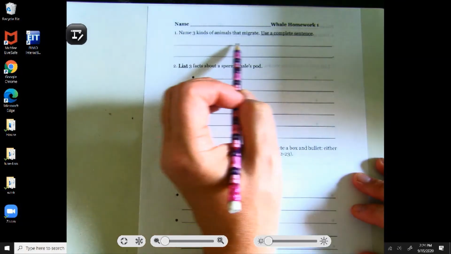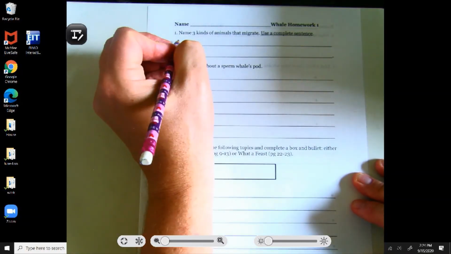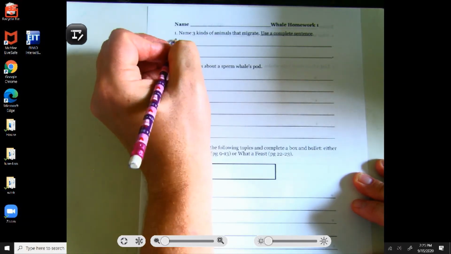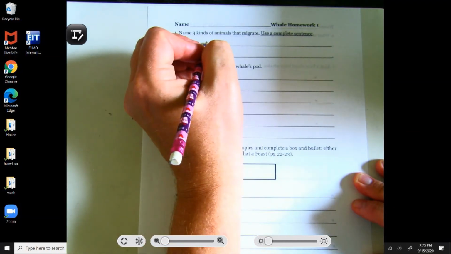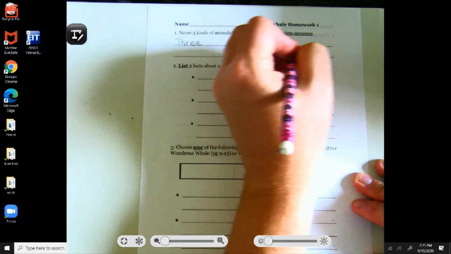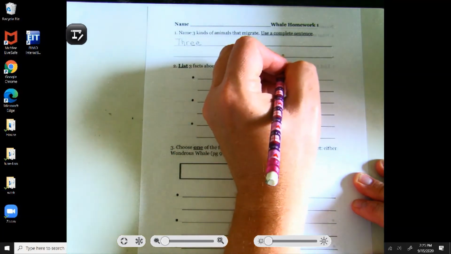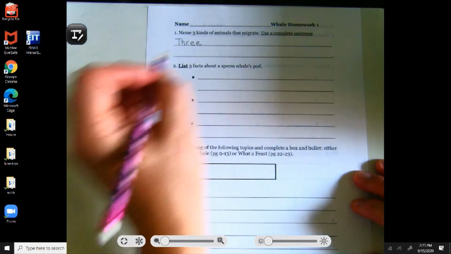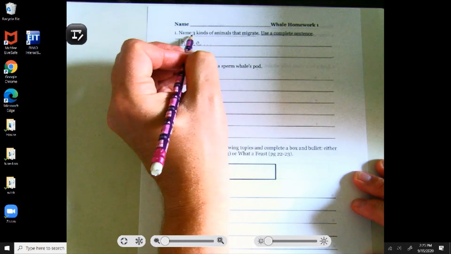But make sure you're writing 1 complete sentence. So you could start out, if you're using words from the question, 3 kinds of animals that migrate are bloop, comma, and bloop. That would be a complete sentence. And it used a lot of words from the question.